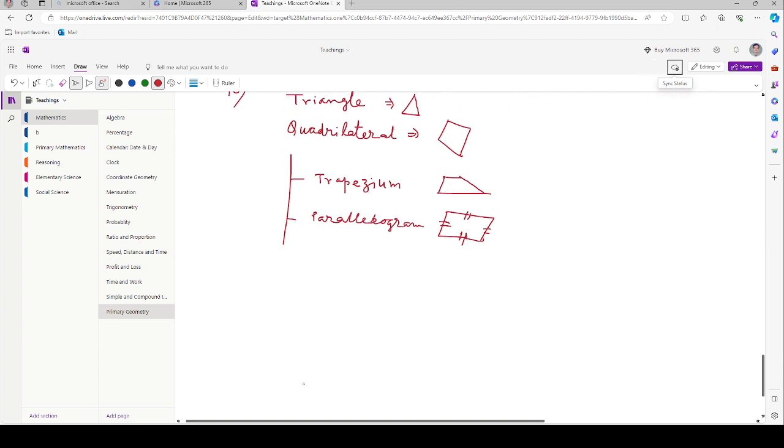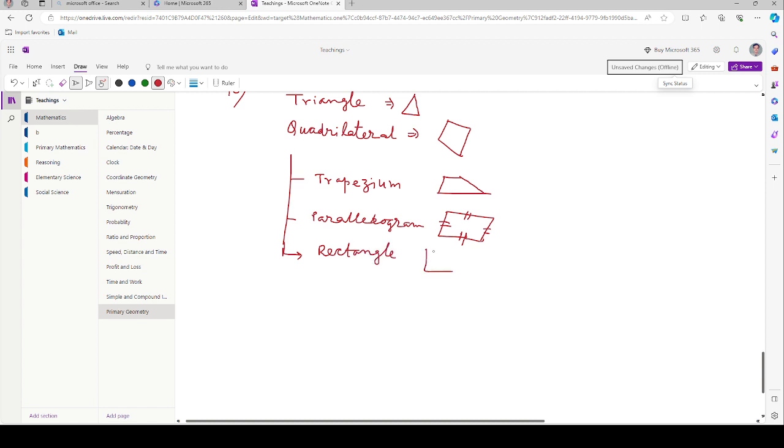Then when an angle is equal to 90 degrees of a parallelogram, then this is known as a rectangle.